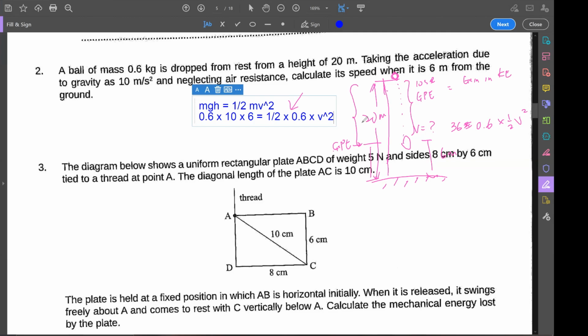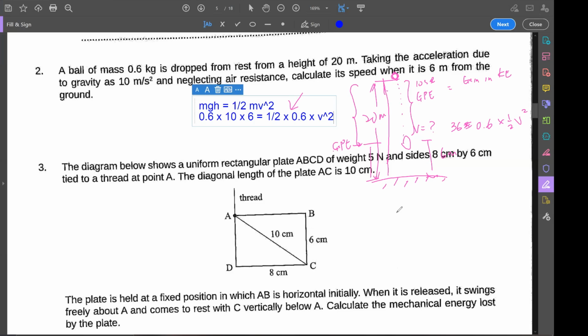Because GPE will be transformed to kinetic energy, when it falls through that height it will lose that amount of GPE.